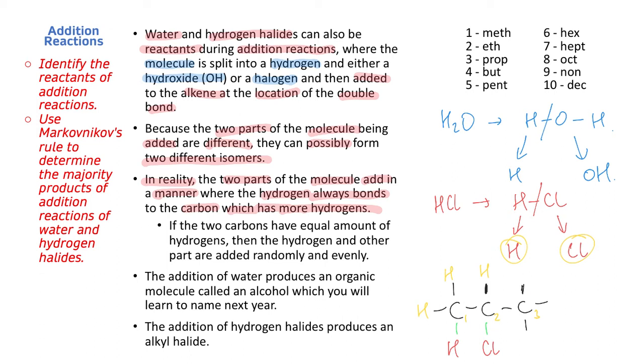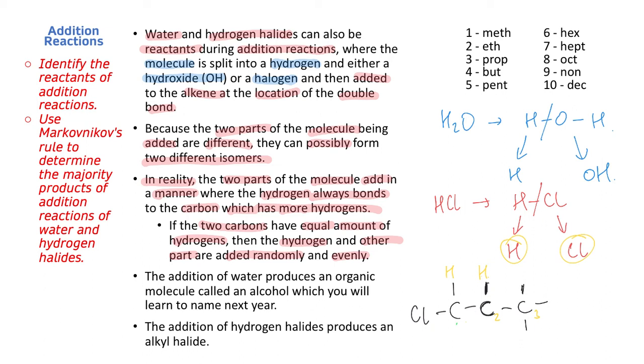If the two carbons happen to have equal amounts of hydrogens, then the hydrogen and the other part are added randomly and evenly to the two carbons. Say, for instance, this started as an alkene again, but instead of it just being a normal alkene, it had a chlorine already added to it, which means that there was a hydrogen here and a hydrogen here. So this is 1-chloropropene. Then we add something to it.